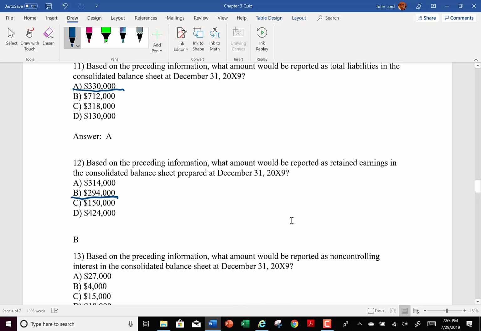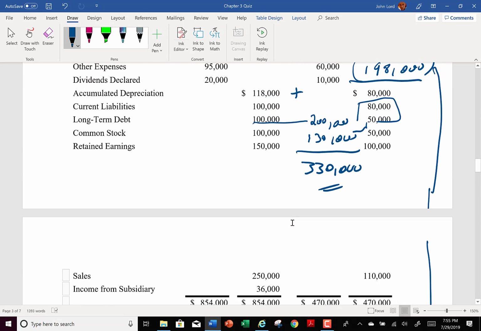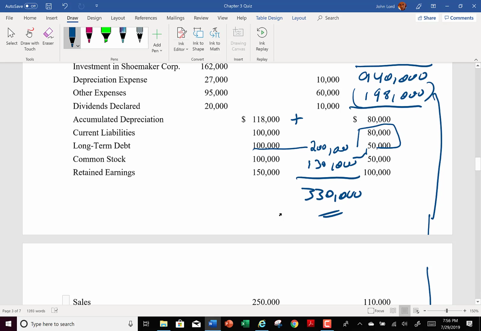So non-controlling interest is going to be the subsidiary share of what? The common stock, which is the non-controlling interest share of the common stock, which is what? 50,000 times 0.2. Okay.